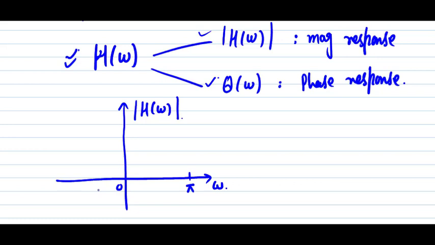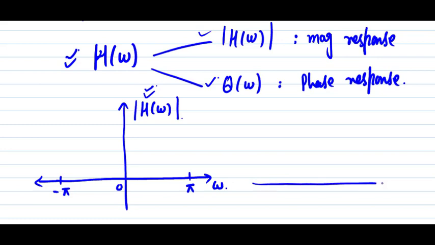And we also know that for real signals, because H of omega has a symmetric property, for the sake of completeness we also plot minus pi frequency. So we always plot this magnitude response from minus pi to pi.